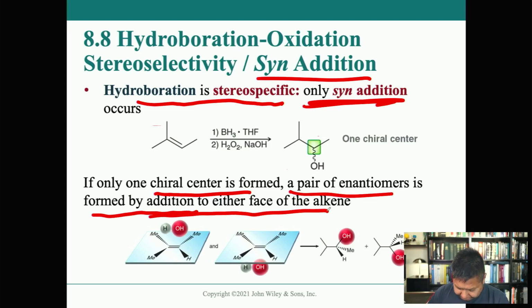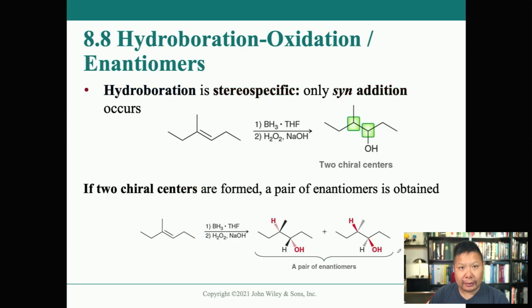So you can get the OH on the top side, or you can get it on the bottom side, right there. Again, hydroboration is stereospecific only in that syn addition occurs.